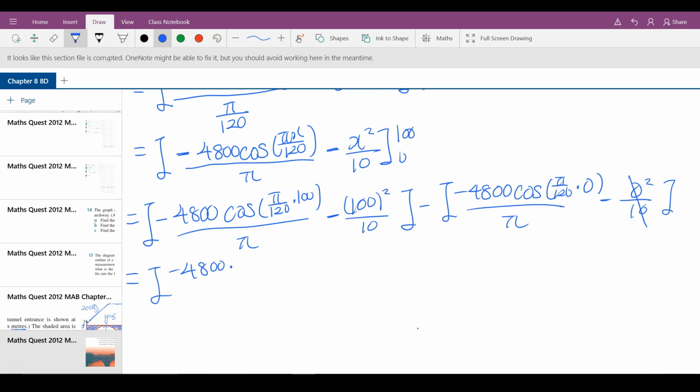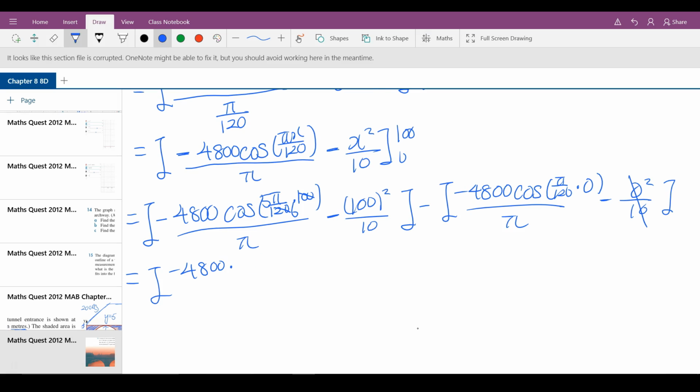Now 100 over 120 is, I believe, 5 over 6. So 5 pi over 6 is, give me a second, 150 degrees. Let me work it out right now.